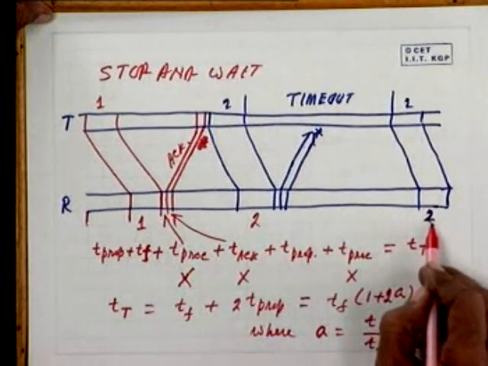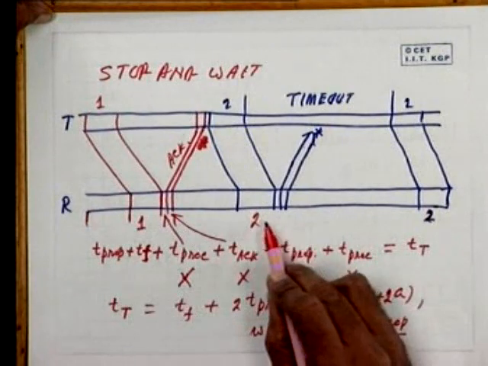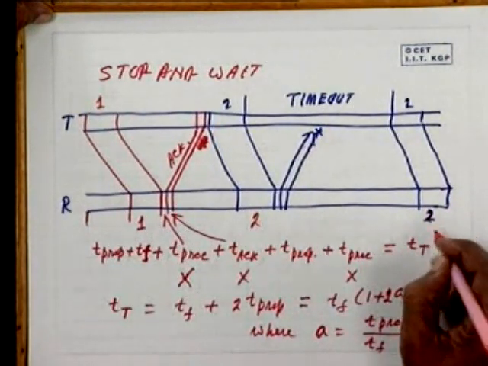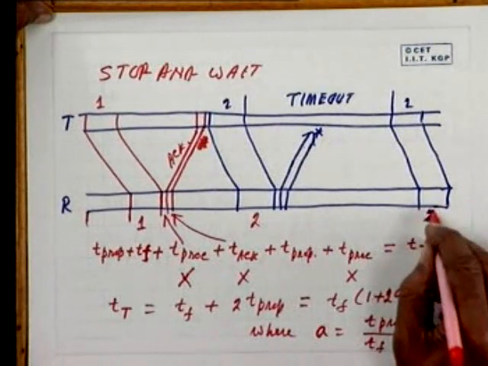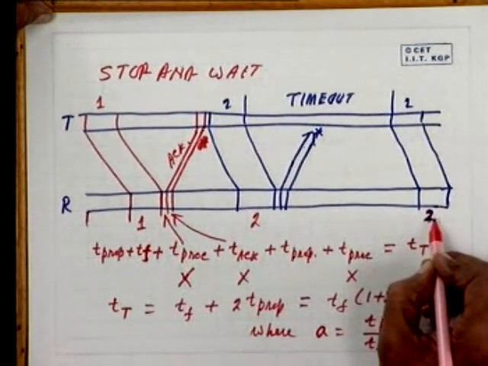Now, how does the receiver distinguish between a new frame and a retransmitted frame, whether this is frame 3 or the old frame 2? To distinguish that, the frames are to be numbered. How will the numbering be done? In other words, how many bits are necessary in the frame to represent the frame number.